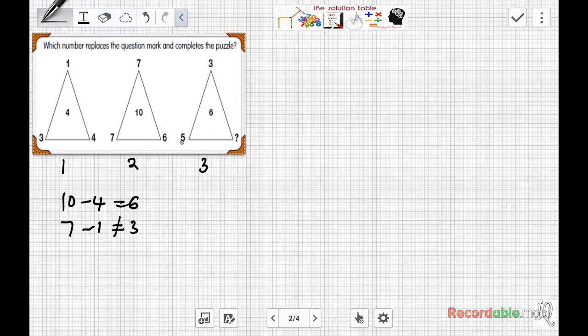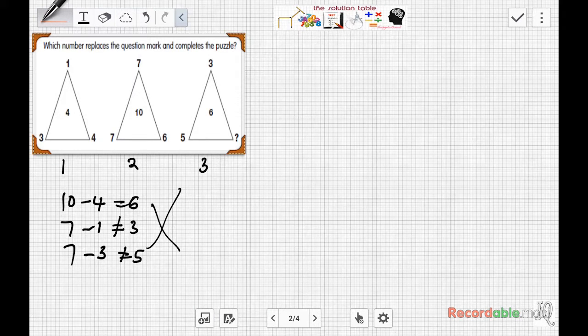It should give us a 4 and not a 5. So see that 7 minus 3 should be equal to 4 and not 5. So clearly we can see that this cannot be the pattern to solve the puzzle. Therefore, this will be ruled out.